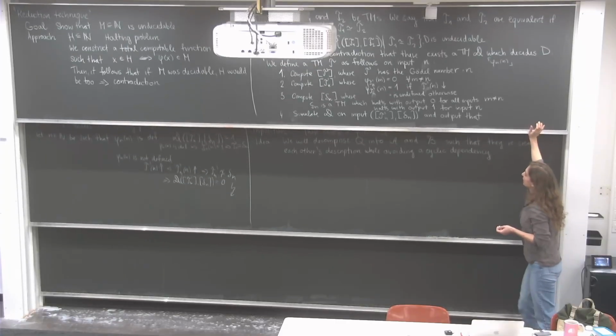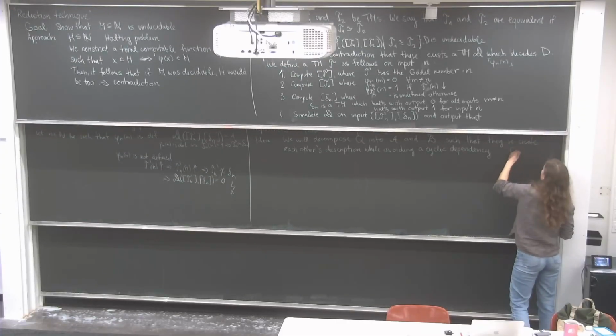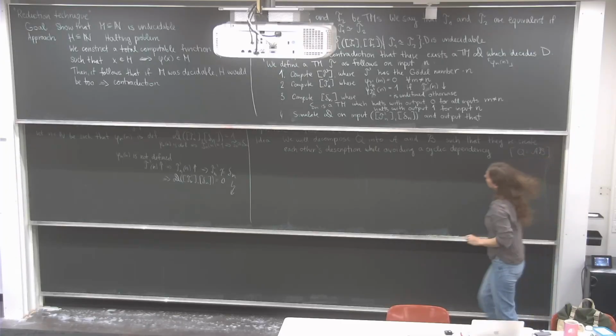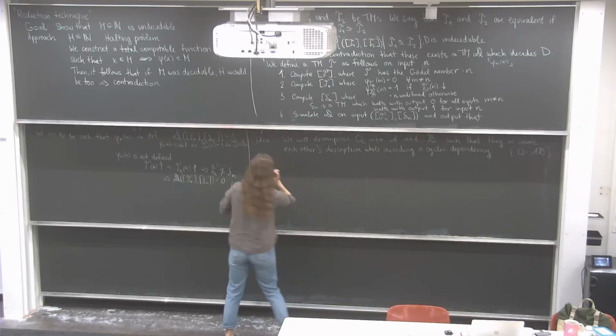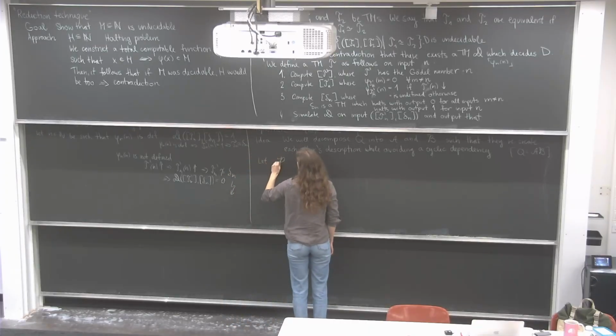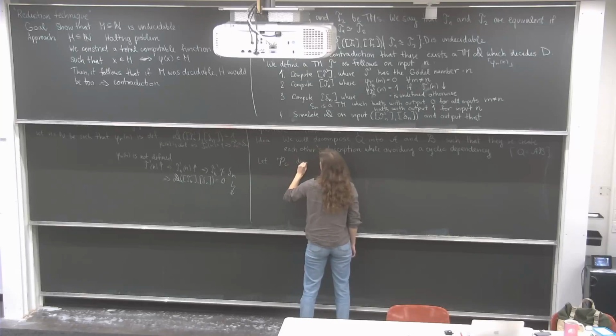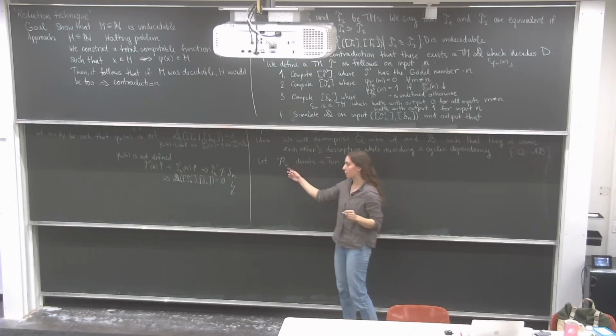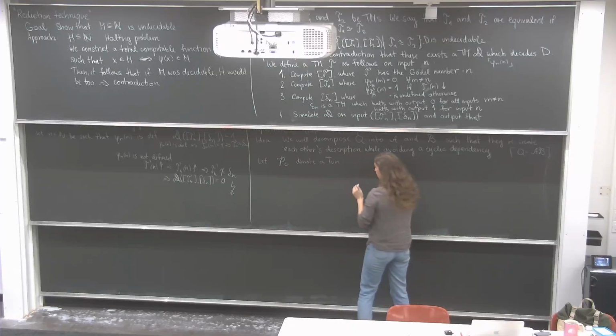So let's start by, and then we will put Q equal to AB. So let PC denote a Turing machine that will always just print C. This is the role of the data, let's say.